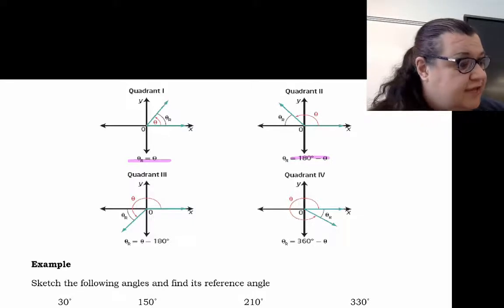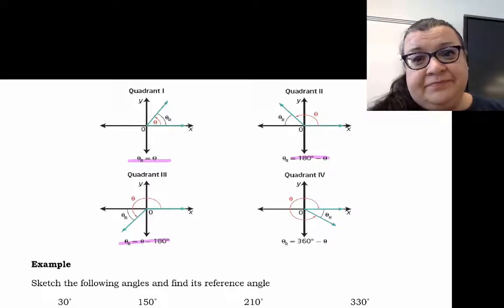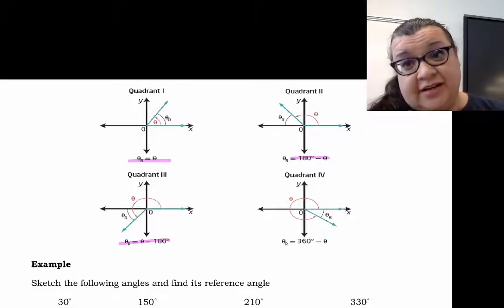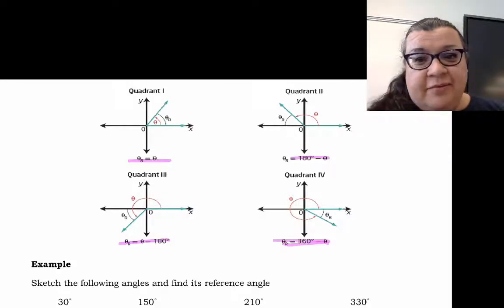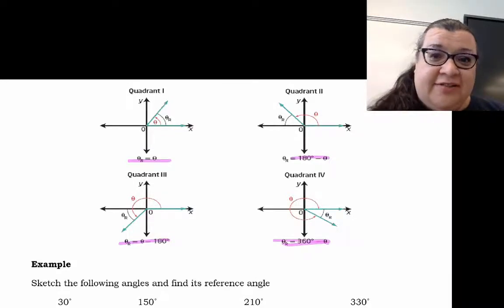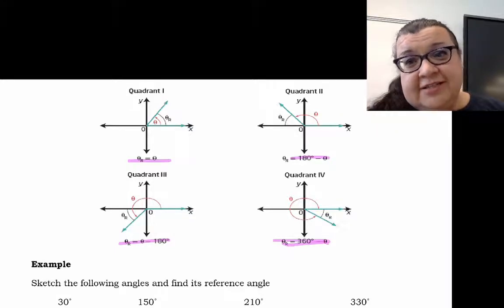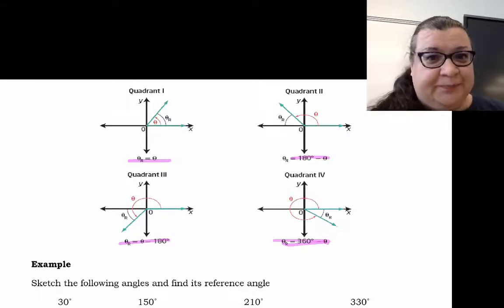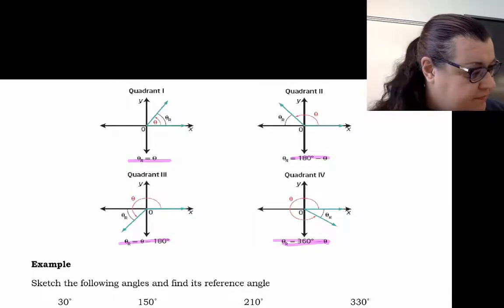In quadrant 3, it's 180 degrees plus the reference angle, or the reference angle is theta minus 180 degrees. And in quadrant 4, we find the reference angle by doing 360 minus theta, or 360 degrees minus the reference angle gives us the principal angle. Okay? So that's how we find those. So just a little summary there for your notes.